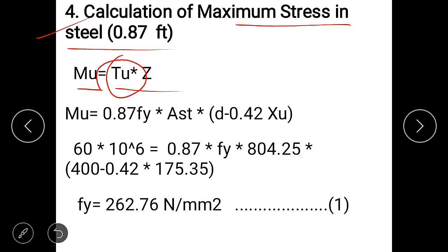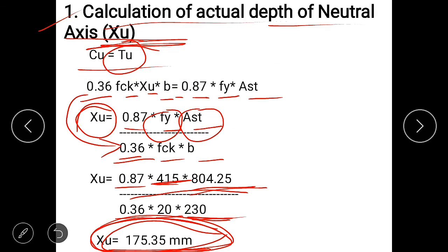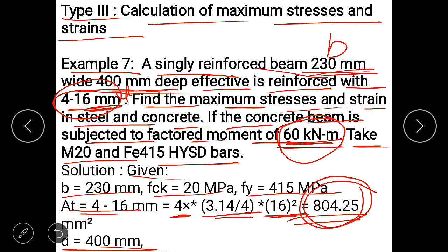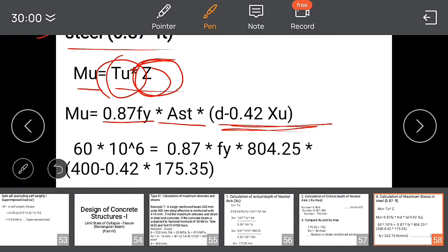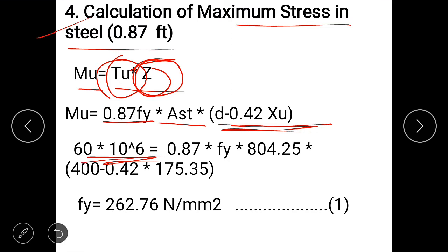The value of Tu is 0.87 fy into Ast, and z is d minus 0.42 Xu. z is the lever arm, the value is d minus 0.42 Xu. Here in our example, Mu is already given as 60 kilonewton meter, which means 60 into 10 to the power 6 Newton mm.